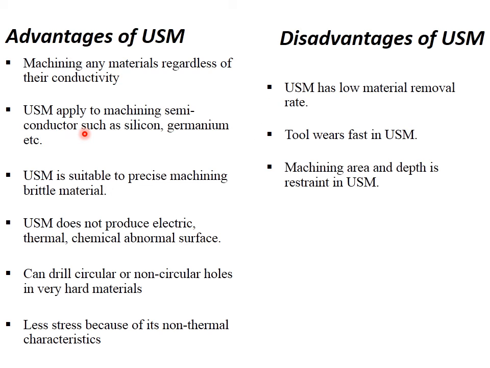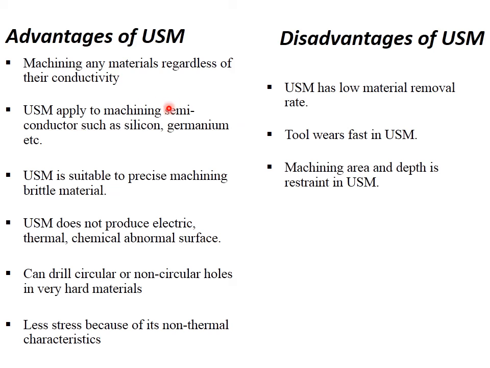USM is very suitable for machining semiconductor materials like silicon and germanium, right? Semiconductor materials are popularly used in energy applications. You can see the solar cell, they use a lot of semiconductor materials.